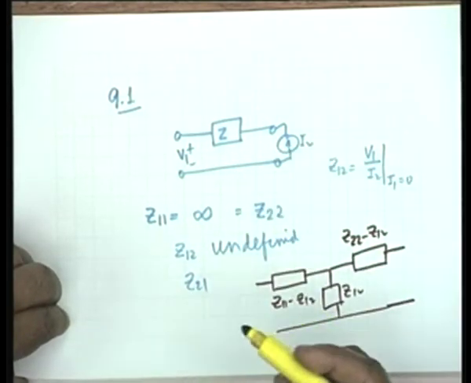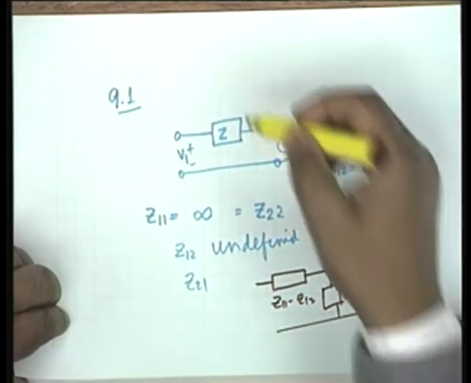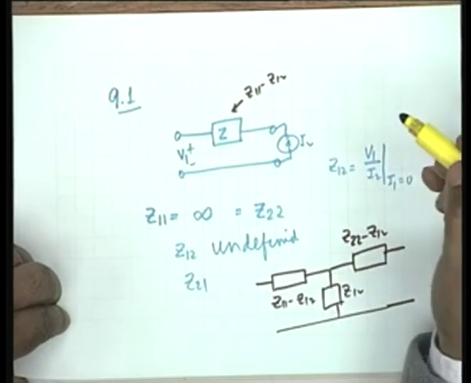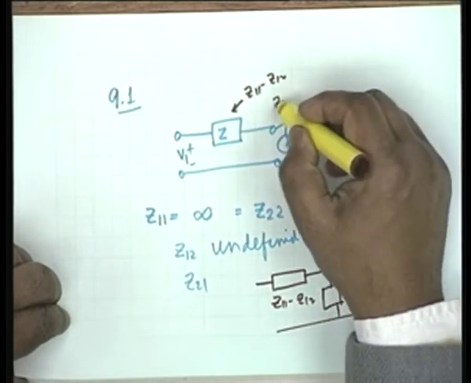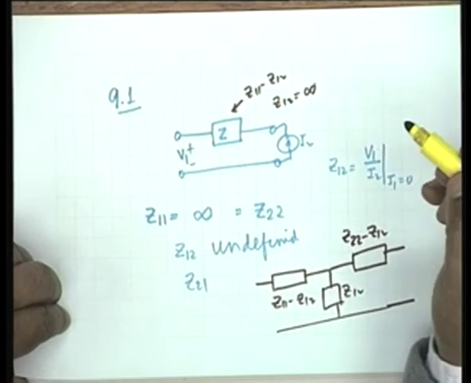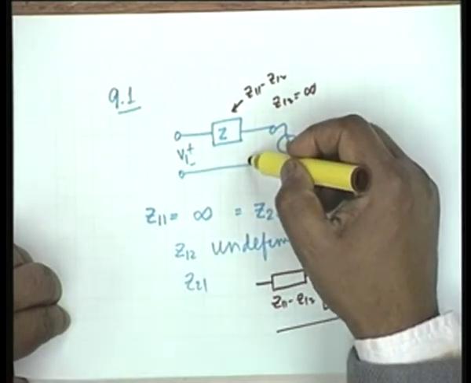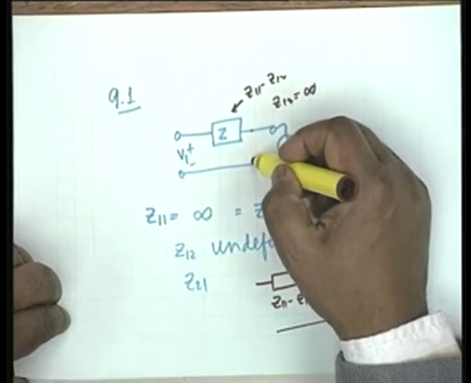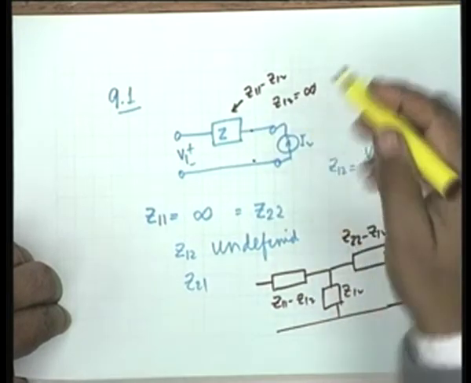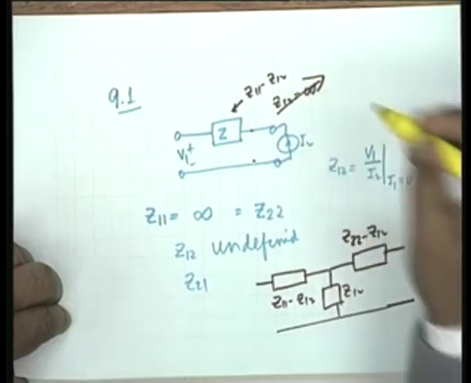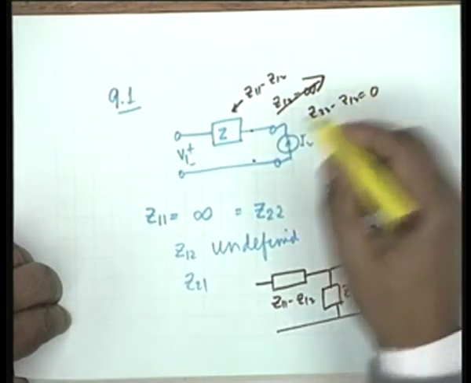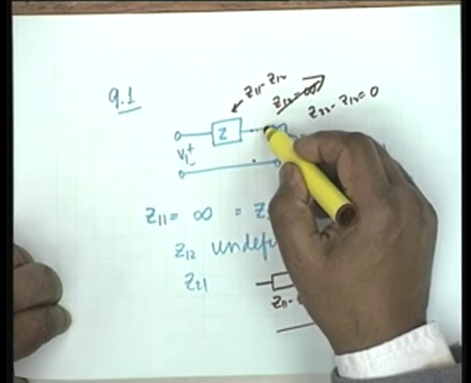If you compare with this, there are many ways of identifying. For example, this we could identify as Z11 minus Z12. If I do that, then obviously Z12 is infinity, well, undefined. This is open. Infinity is also undefined. And Z22 minus Z12 is equal to 0 because there is a short circuit here.